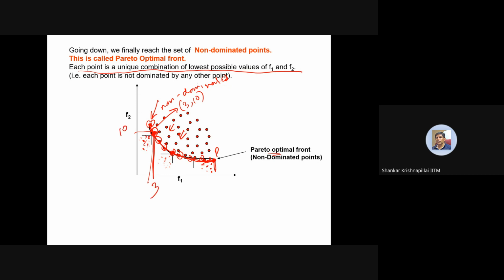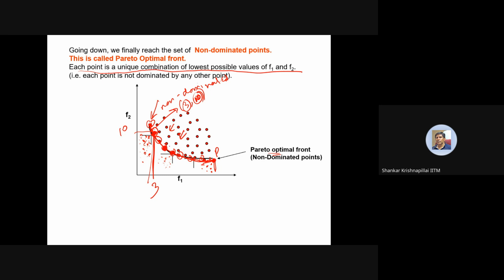So you cannot find any point here having F1 less than 3 and F2 less than 10. So this combination 3, 10 is a unique low combination.